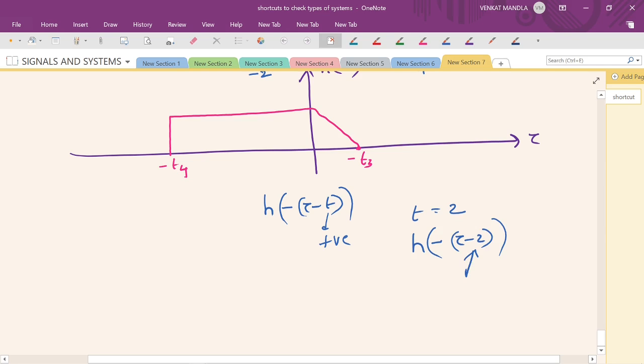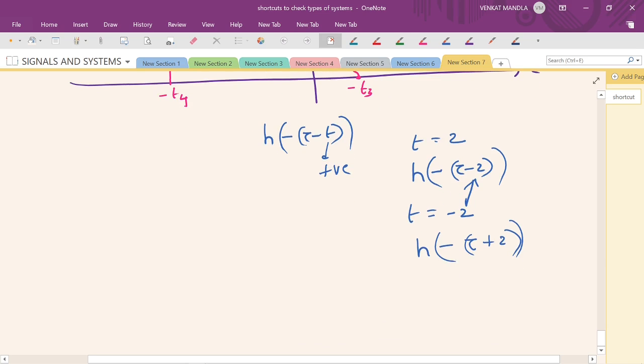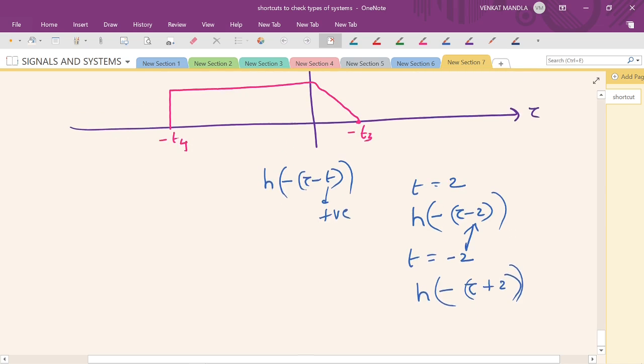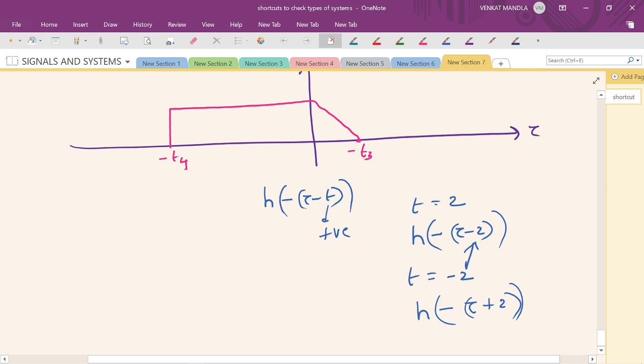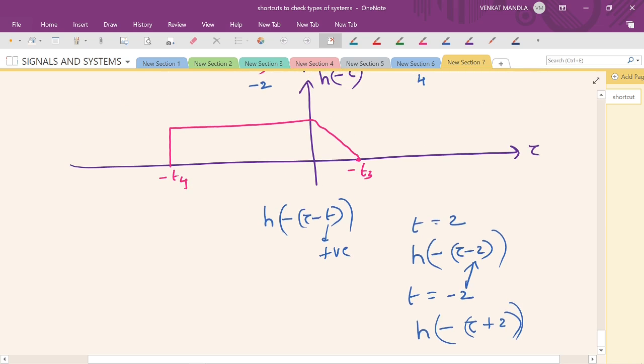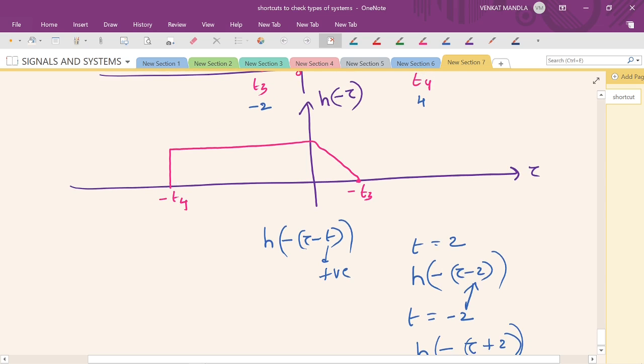We have to shift right. This h of minus tau, we have to shift right by 2 units. If t equal to minus 2, h of minus tau plus 2, right? We have to shift left. Tau replaced by tau plus 2 means we have to shift the signal h of minus tau by 2 units left. These things I have already explained in the previous lectures.